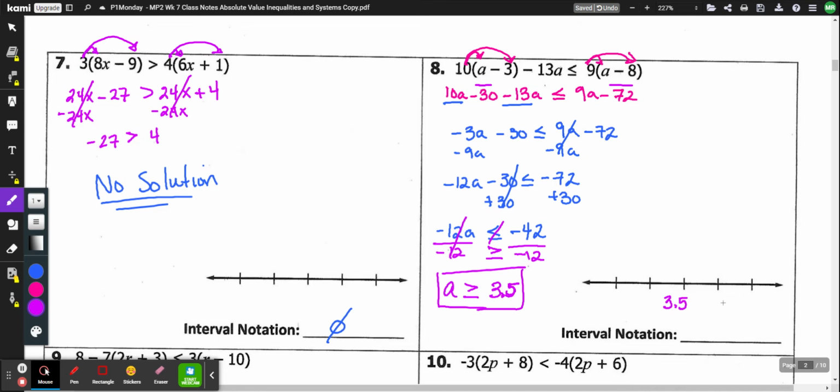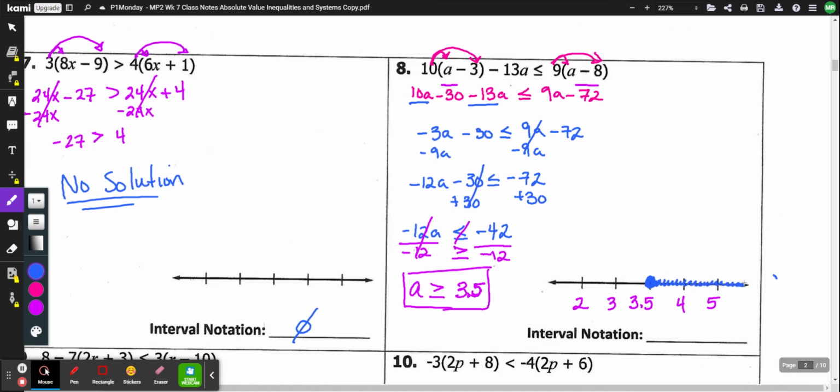So we'll do 3.5, and maybe here we'll do 4, 3, and 2. A is greater than or equal to, so we're going to use a closed circle. We shade this side of the line and draw our arrow. Our interval notation is going to start at 3.5 and go all the way to infinity. Because we are including the number, we have the closed dot, we use a bracket here and a parenthesis there.